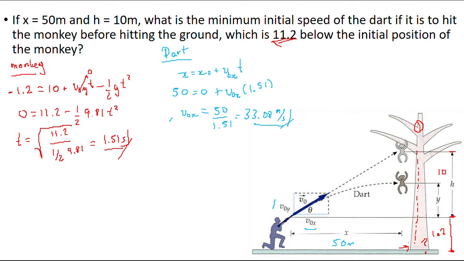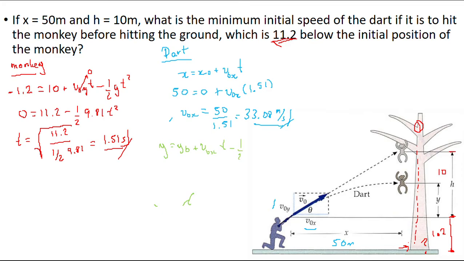We need to do exactly the same thing, but in y. Let me change colors, and I'll use this green. For y, I know that y equals y0 plus v0y times t, and I'm missing just the acceleration part.